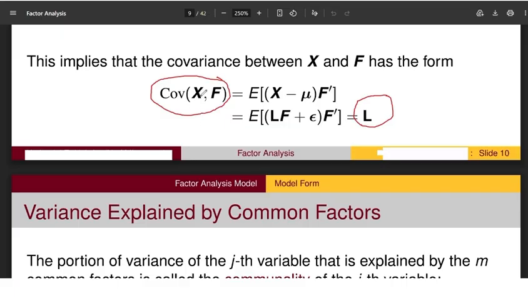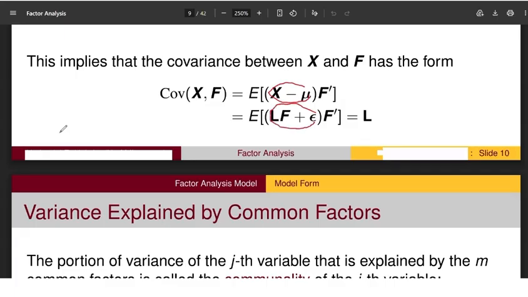Now, this is a way to prove that it is a loading. X and F, we can rewrite that as this guy. And based on the model, I said this guy is the same thing as this guy.